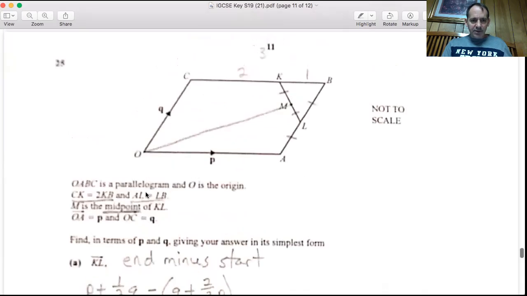Now if you followed what it says in here, there's a ratio of 2 to 1. CK to KB is a ratio of 2 to 1, which means the total is 3.